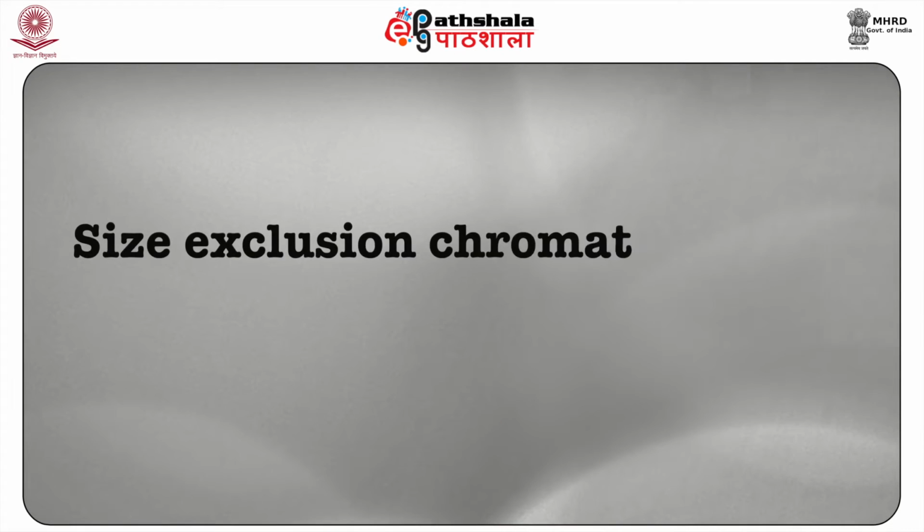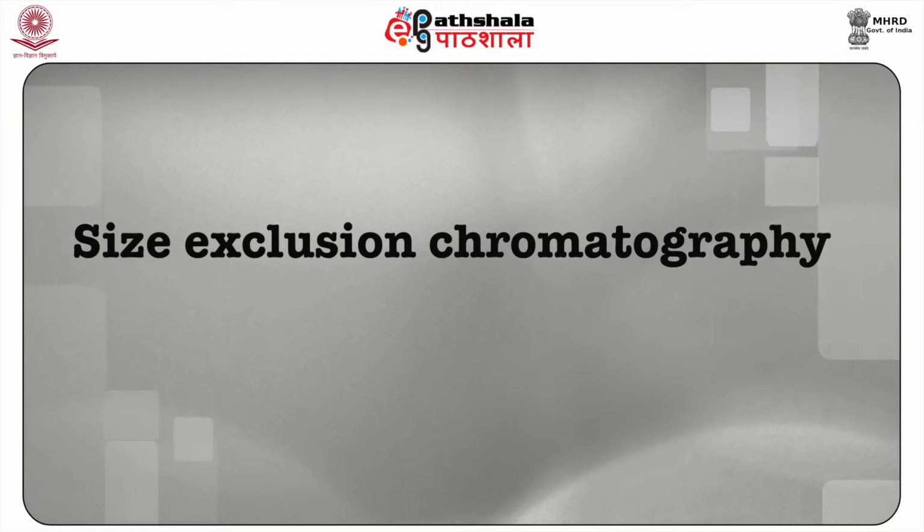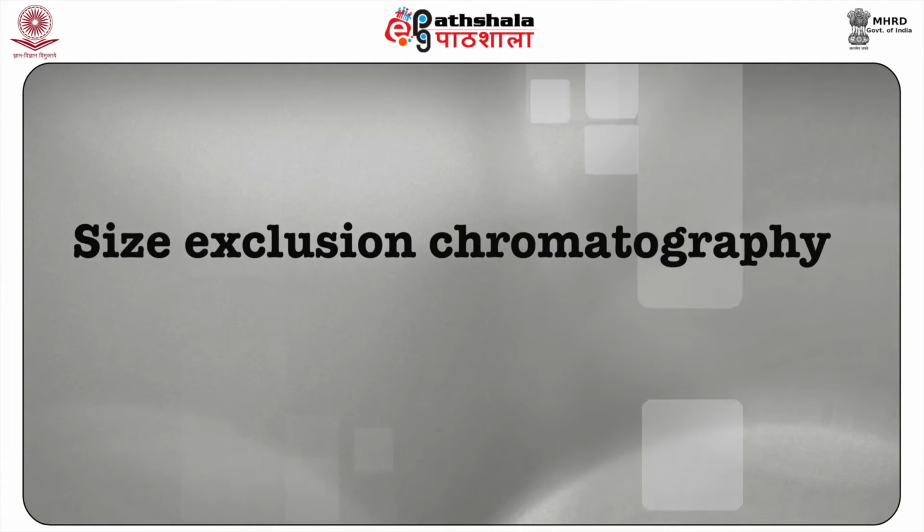Now students, let us discuss size exclusion chromatography after having discussed the modes of chromatography. Size exclusion chromatography, also called gel filtration chromatography, separates molecules, as it is obvious from the name, on the basis of their size.